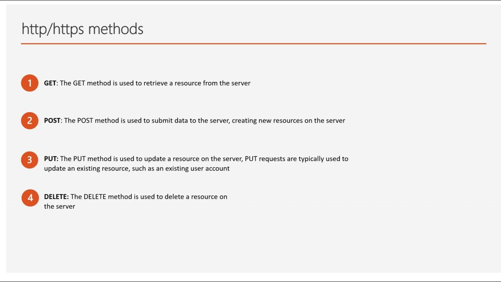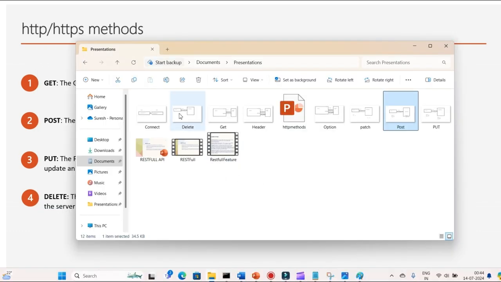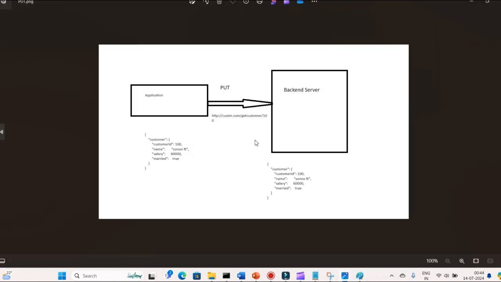Okay, so once the create has been done with the POST method, right, once POST has been executed, that record has been created. On top of that, we can apply a PUT method to update the existing record. For example, previously we inserted one record for ID 100, right?